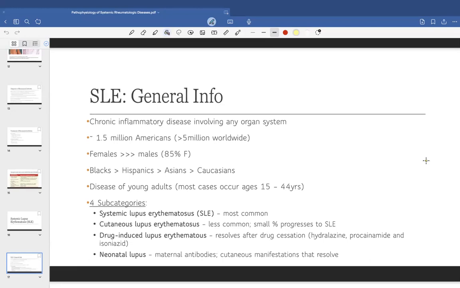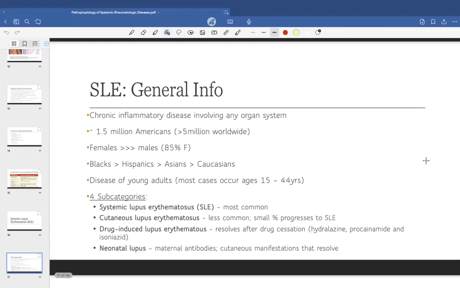All right. Moving on to lupus. Lupus is very, very interesting. It's a terrible debilitating disease, but it runs an entire spectrum. And it is chronic, it is an inflammatory process, and yes, it can involve any organ system.